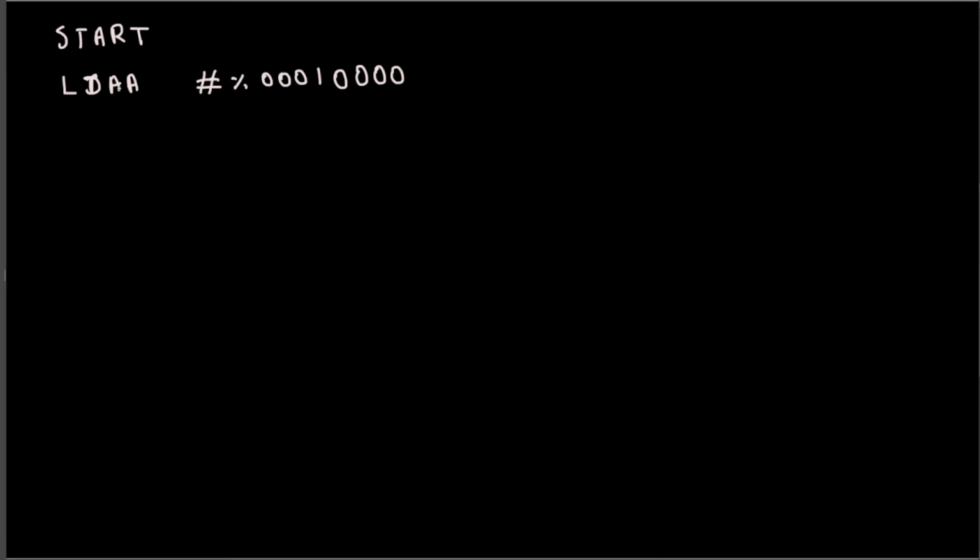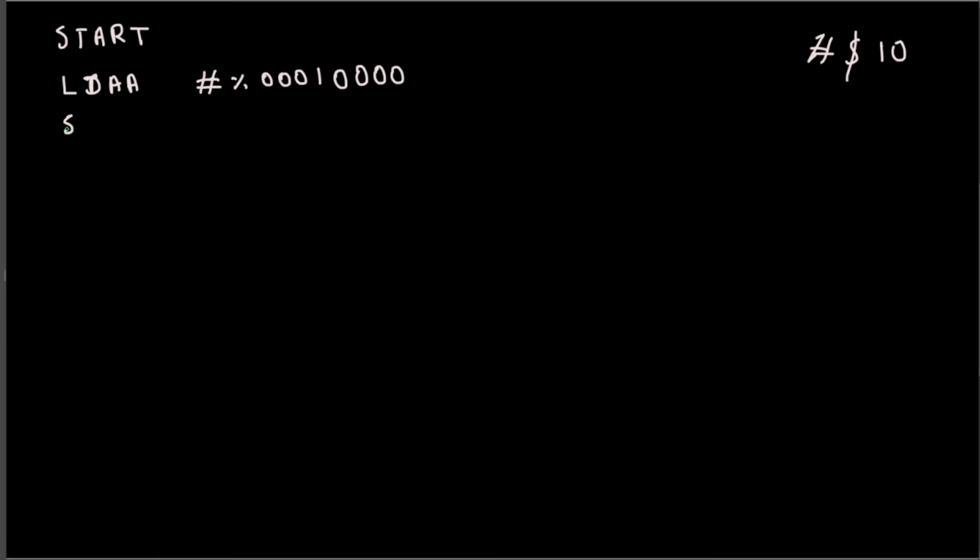Because we are loading accumulator A, it loads 8 bits at a time. So here this represents 16, in 8-bit binary digits. But if you want to load it in hexadecimal, you use the dollar sign, so $10 for 16, the same thing.